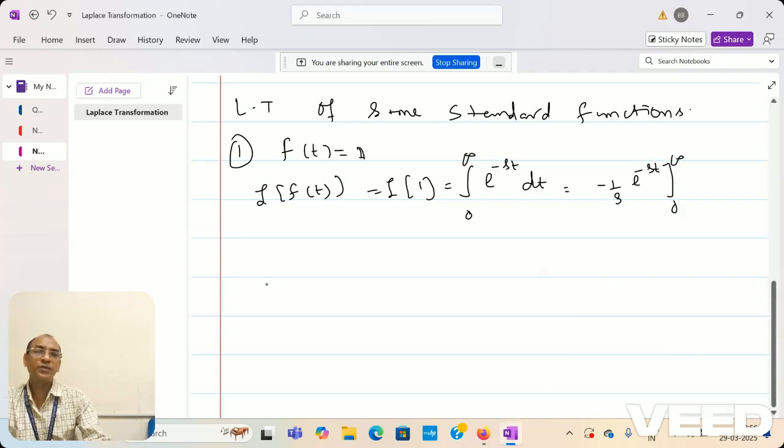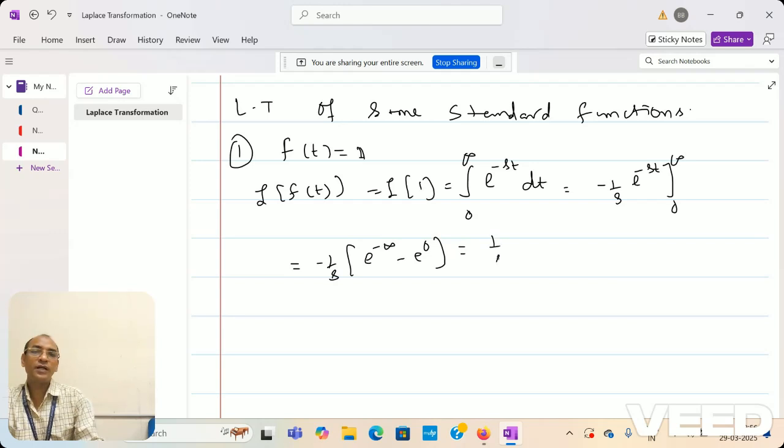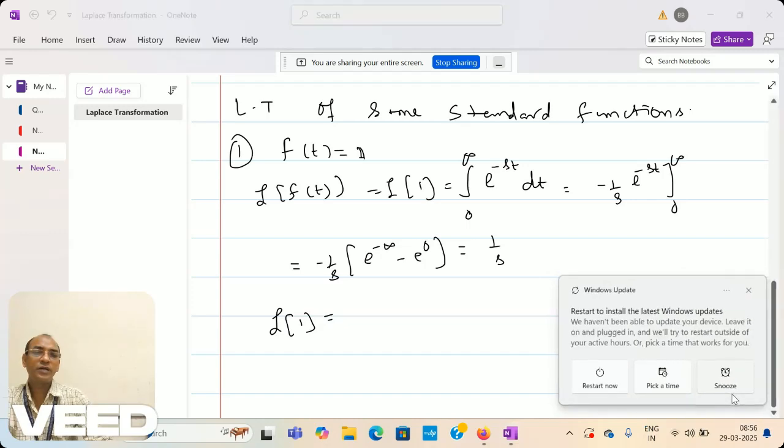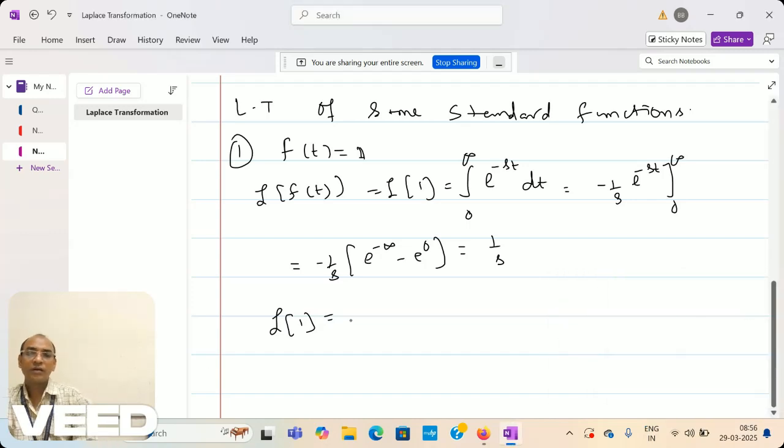If you put the upper and lower limits, we get minus 1 by s times, upper limit e to the power minus infinity, minus e to the power 0. So finally we get 1 by s. So the Laplace transformation of 1 will be 1 by s.